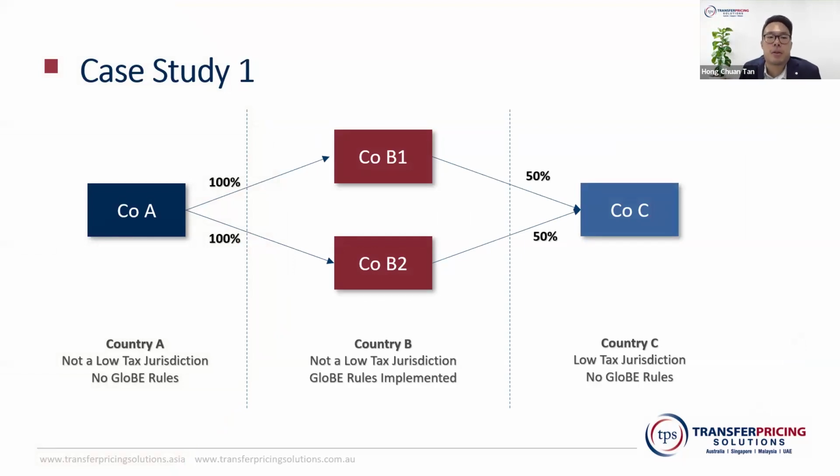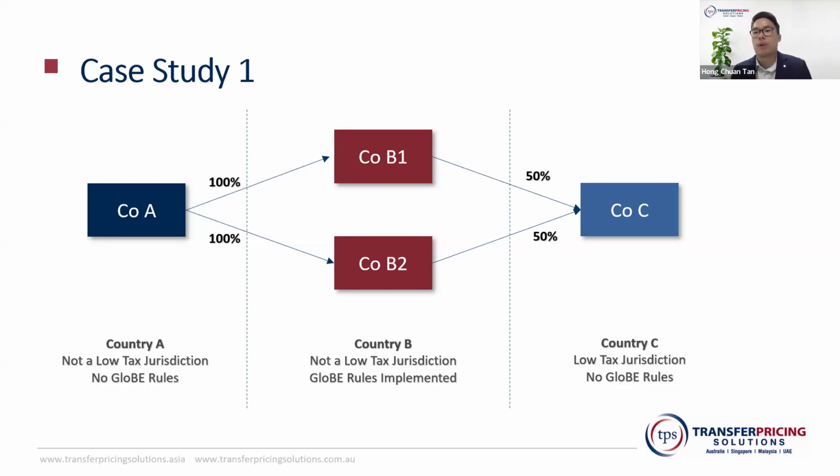First thing you look at is where GloBE rules apply, so we'll be looking at the ultimate parent entity, which is company A. Country A has no GloBE rules implemented. Actually, going back further, you look at whether there is any QDMTT in place for company C. If there is a QDMTT in place, then company C will be liable, and it stops there.